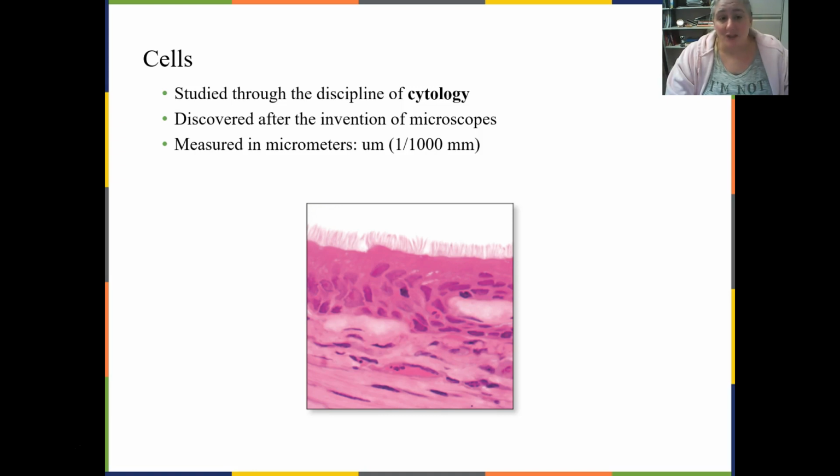So we measure cells in terms called micrometers, and a micrometer is 1/1000th of a millimeter. So this is a tissue that is composed of multiple cells, and this tissue actually comes from the lungs.